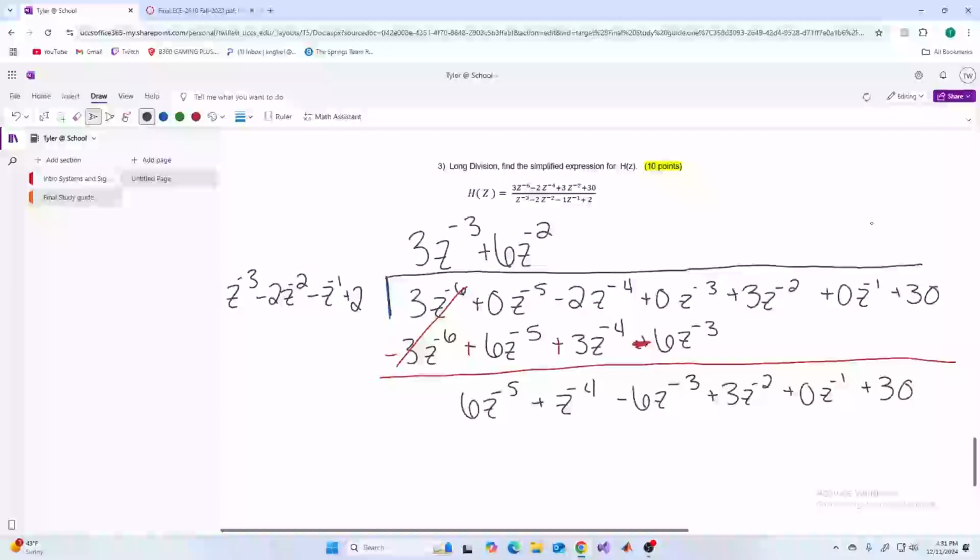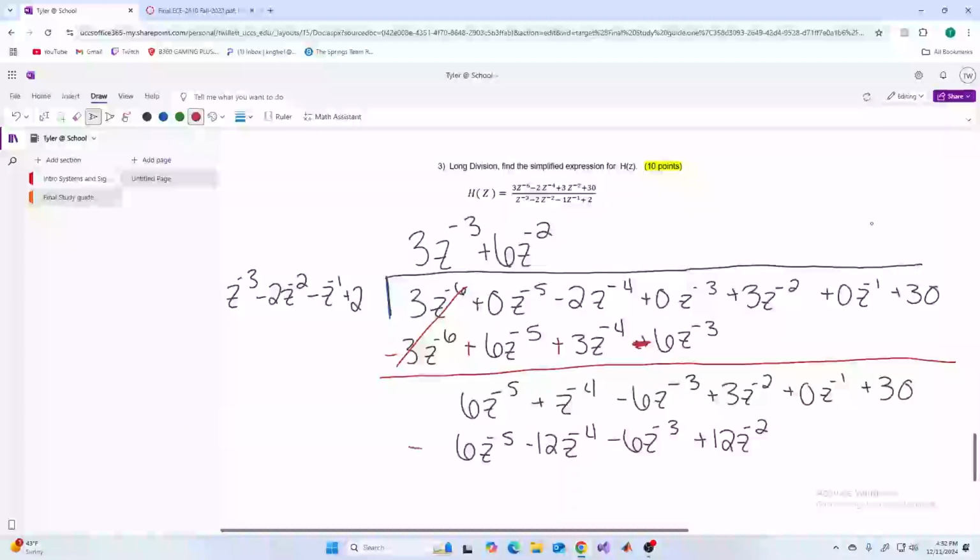So I'm going to get 6z to the negative 5 minus 12z to the negative 4 minus 6z to the negative 3. And then I get plus 12z to the negative 2.